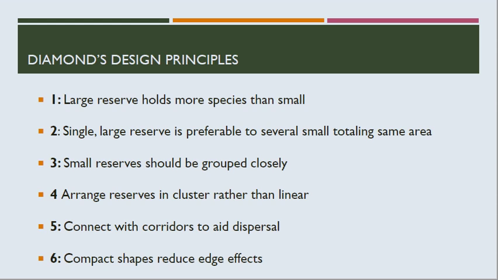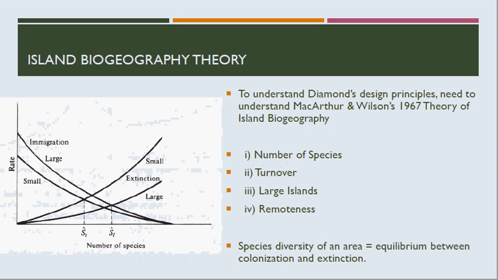A lot of these principles were based on the theory of island biogeography, or the IBT. So Diamond's design principles were basically based on the theory of island biogeography, and that involves the number of species mainly on an island.